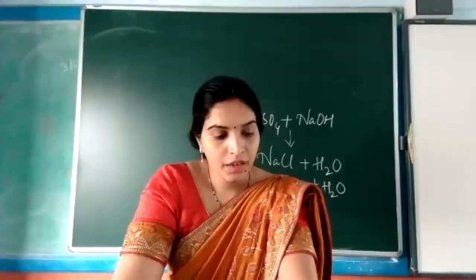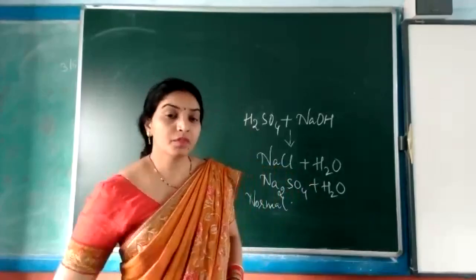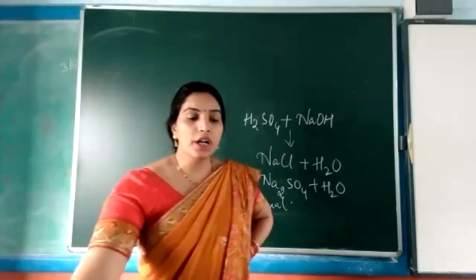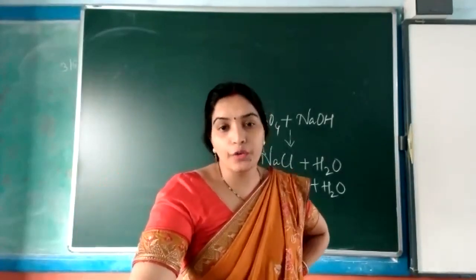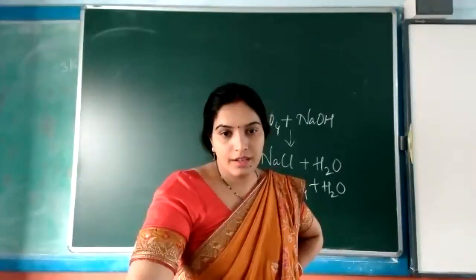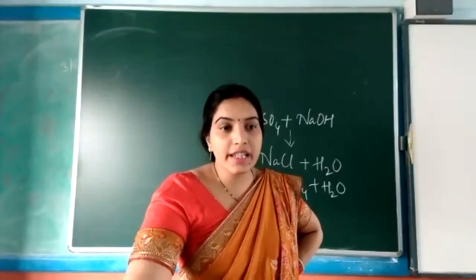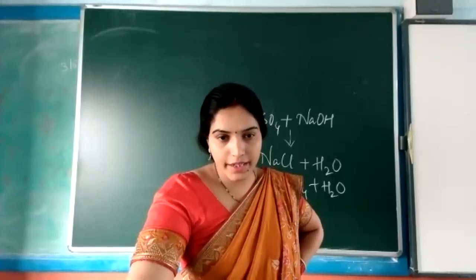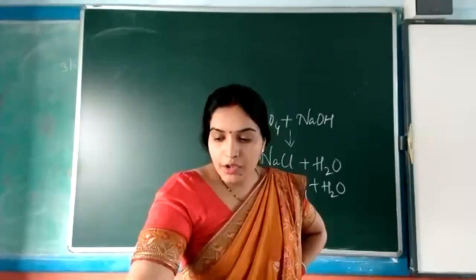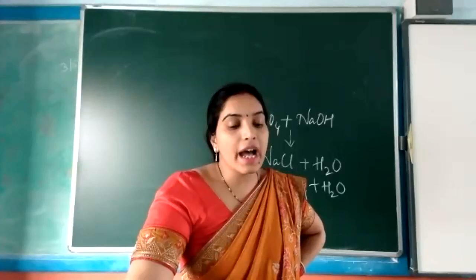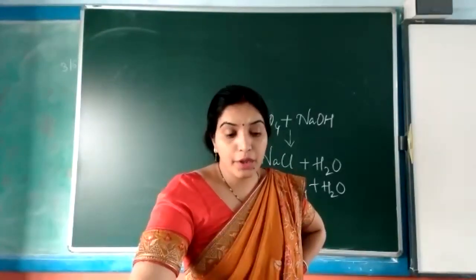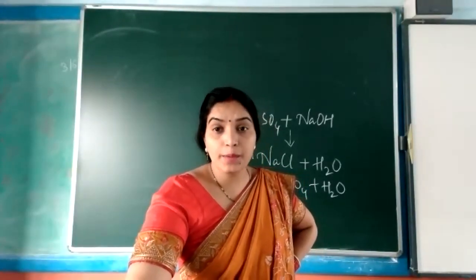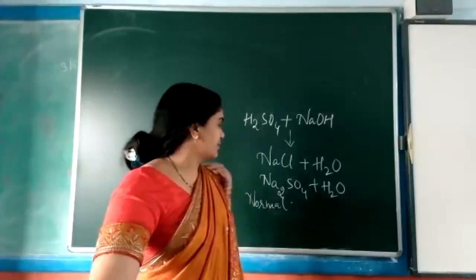Now see, a question may arise: is salt an ionic compound or covalent? Justify your answer. Generally salt is an ionic compound because it dissociates to yield positive as well as negative radicals.